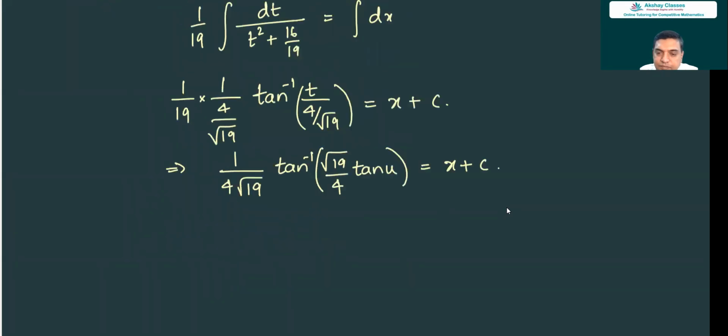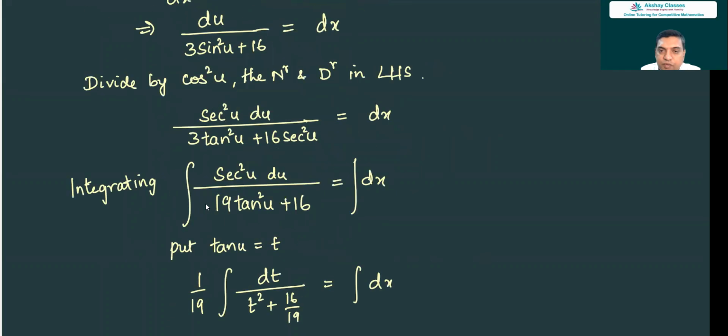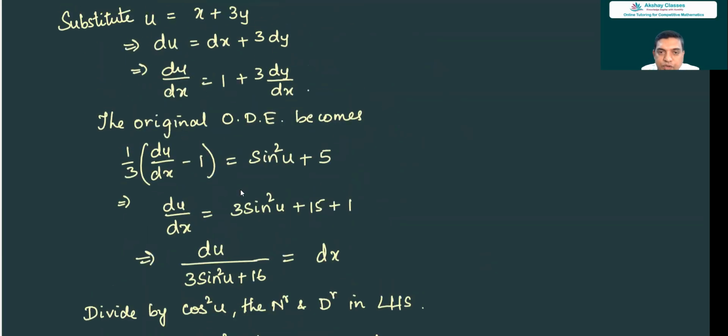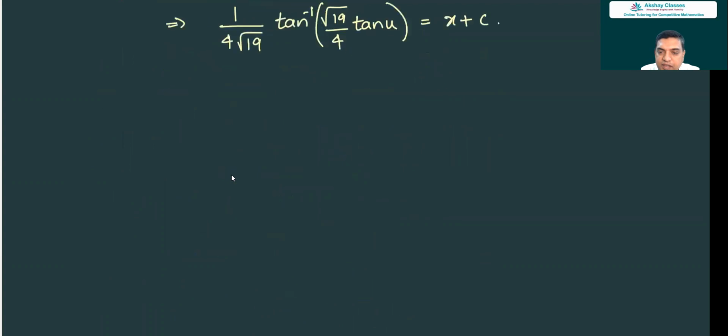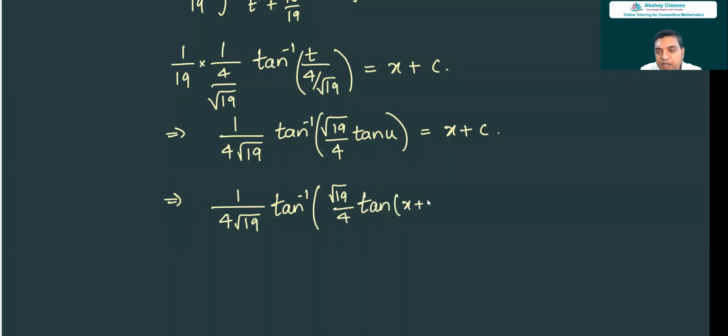Now u, originally what was our substitution of u? x plus 3y. So we get 1 upon 4 root 19 tan inverse of root 19 by 4 tan of x plus 3y is equal to x plus c.